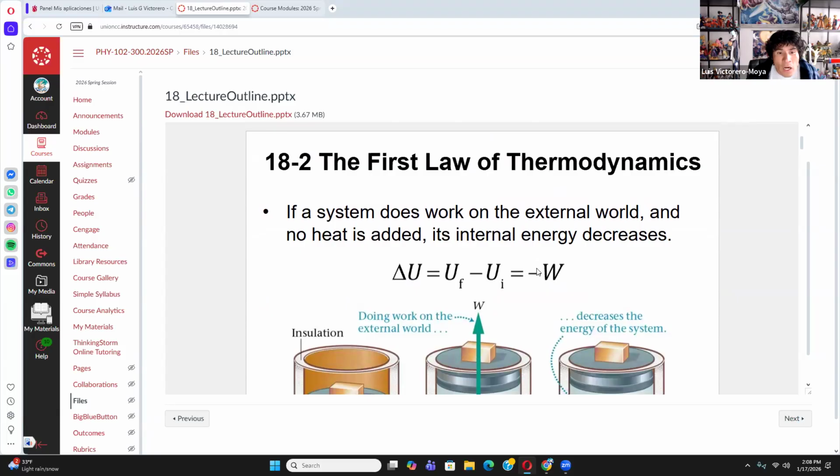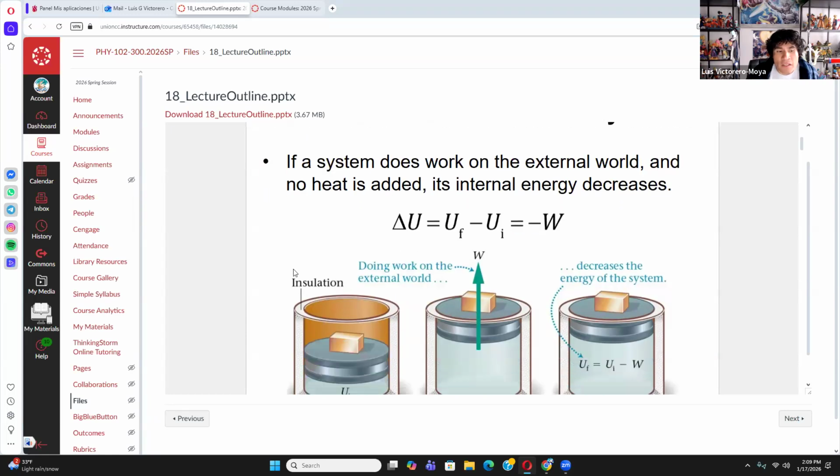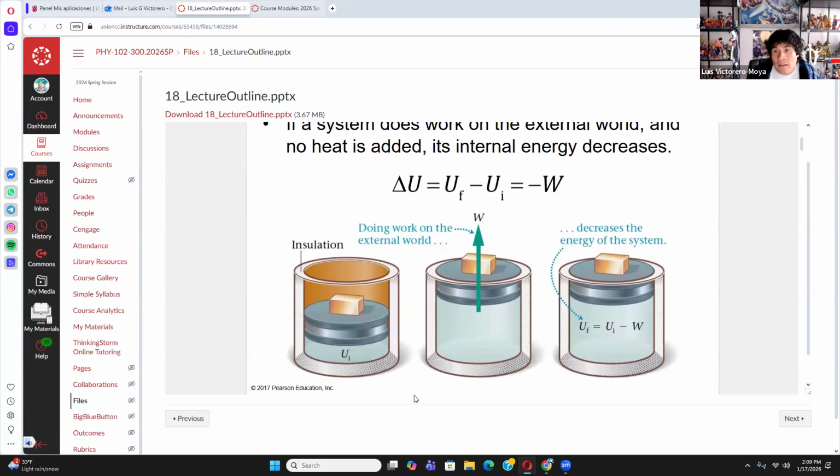Now, if you have work done on the gas, and no heat is added, that's adiabatic. Then the change in internal energy is equal to minus the work. So you have an insulated material where no heat is lost or gained.